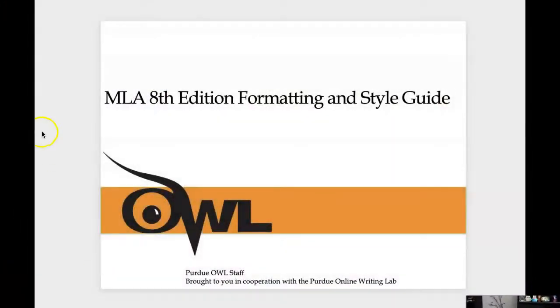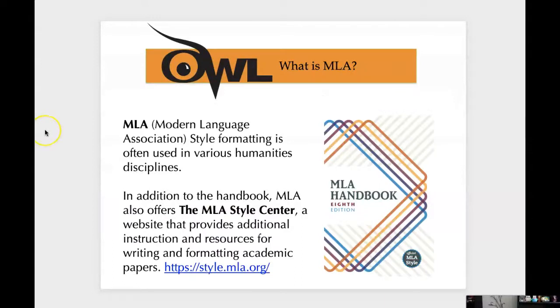I know that MLA is also coming out with a new edition, which is frustrating for you as well as me, because some things will change in terms of how to properly format according to MLA, which is the Modern Language Association. So what the heck is MLA, right? It is an organization that is in charge of styling when it comes to more humanities-based writing.